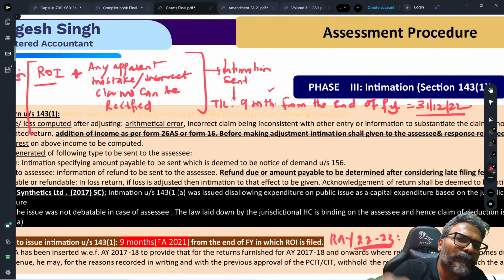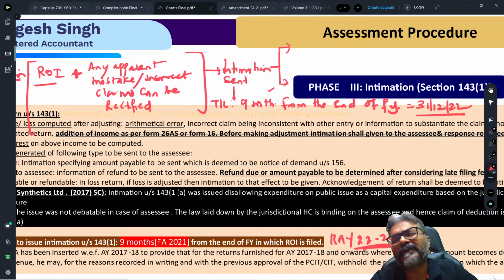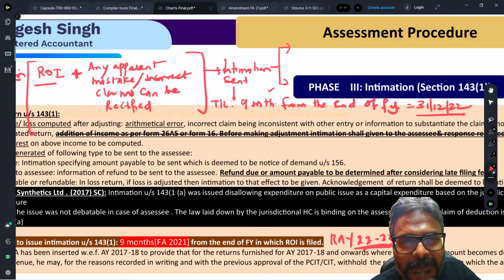Now, when you send the intimation, students, it could be of two types. Three types, but I'm going to write only two types. The third type is the nil return. If there is a nil return completely, and there is no rectification of any apparent mistake in the ROI, then your acknowledgement in that particular case can be deemed to be an intimation.